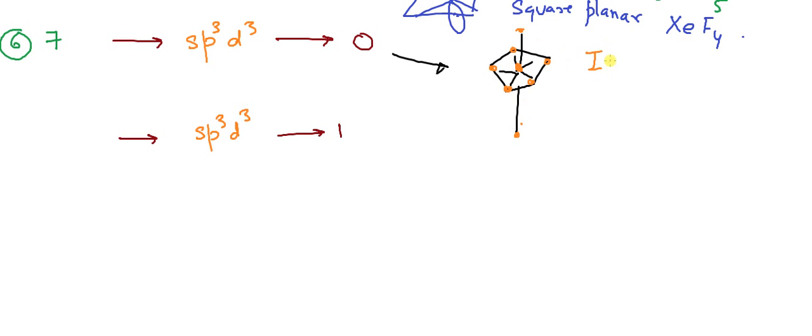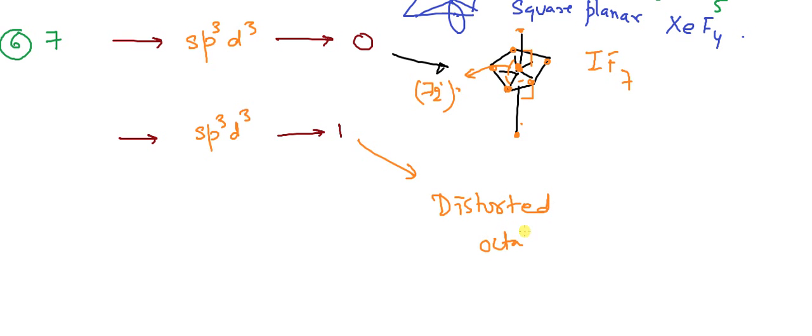So the best example is IF7. And one more thing, what kind of angles does it have here? There is 90 at the top and 90 at the bottom, and these angles are 72 degrees. Okay, what about this one? It is called distorted octahedral, and these are generally not formed.